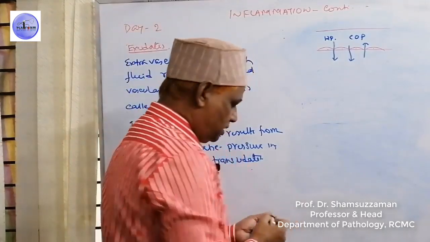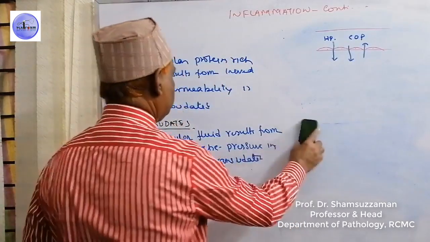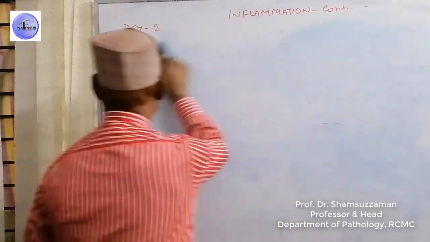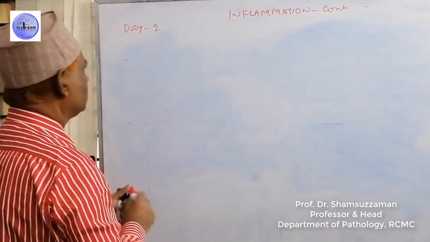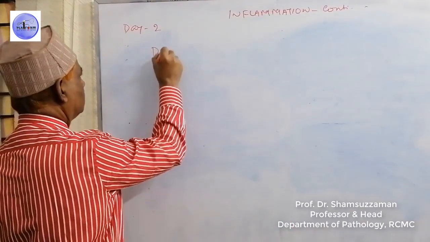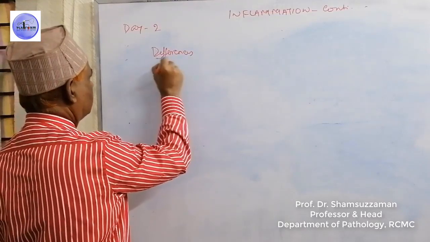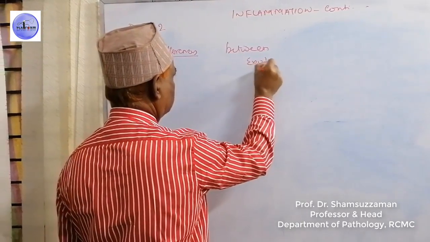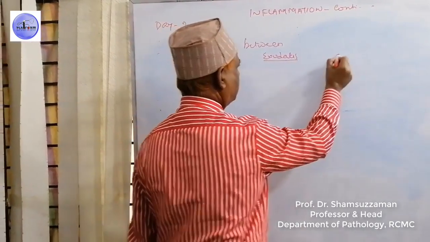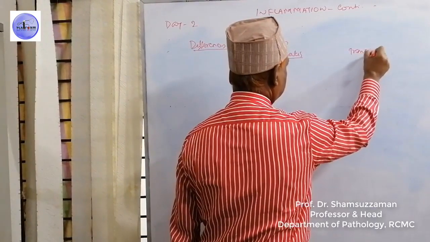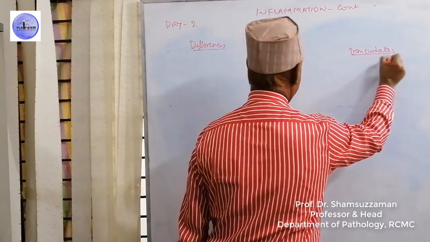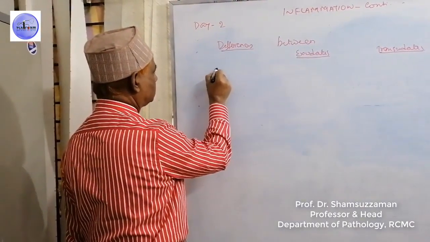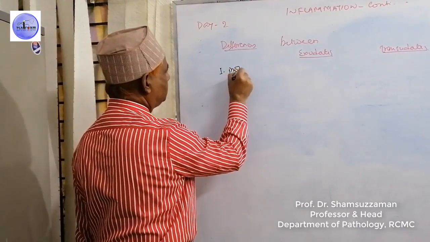Now come to the differences between exudates and transudates. Number one, protein content.